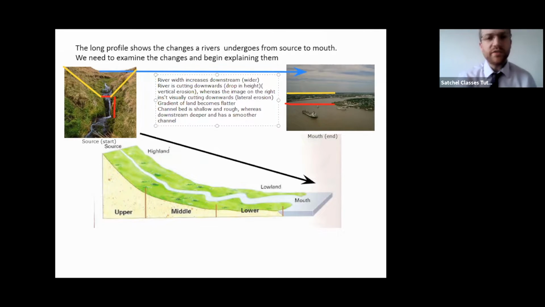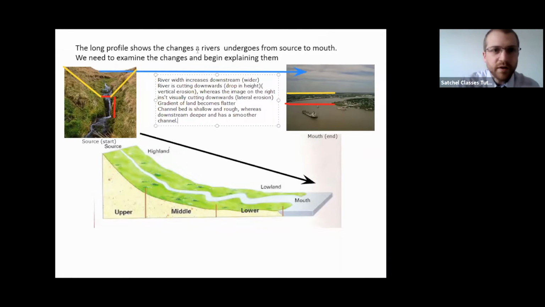Now we can't see that because of the water being so murky, but we're making that assumption because we can see the huge transport ship can fit in this river. So we're making the assumption that actually it's going to be deeper than the image on the right.